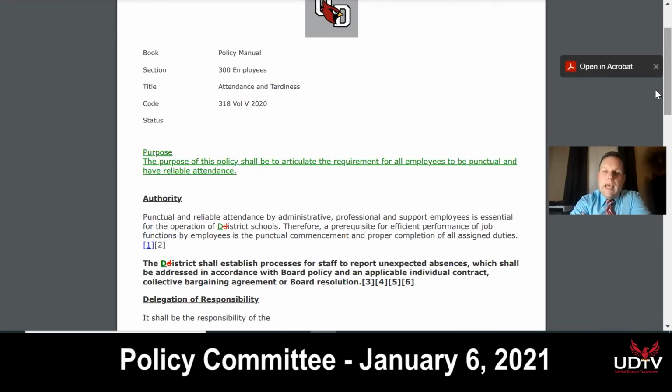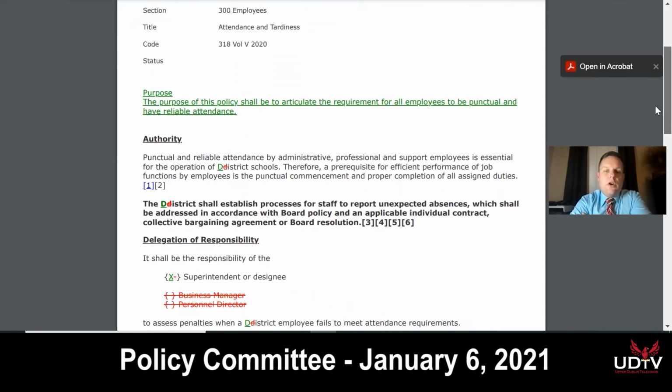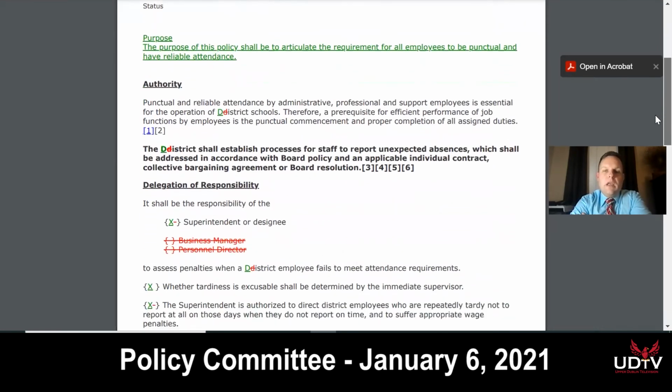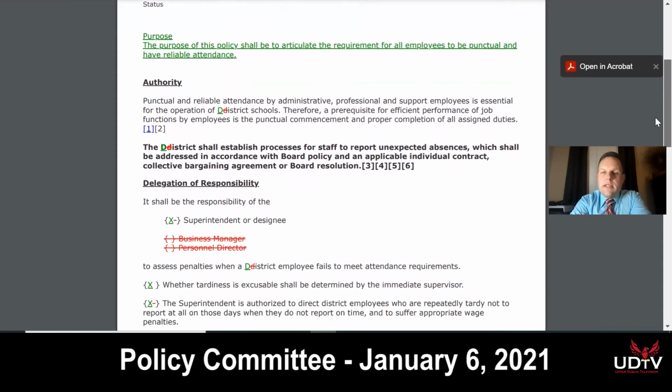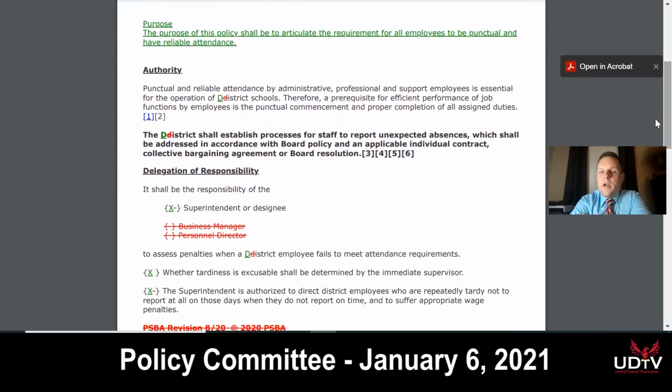The bold language that has been added in the attendance and tardiness policy states that the district shall establish a process for staff to report unexpected absences, which shall be addressed in accordance with board policy and applicable individual contracts, collective bargaining agreement, or board resolution.